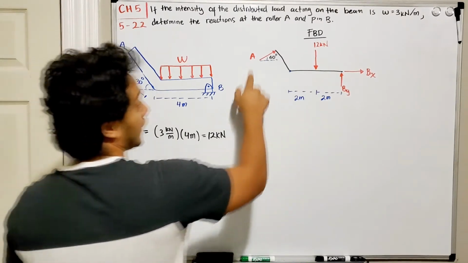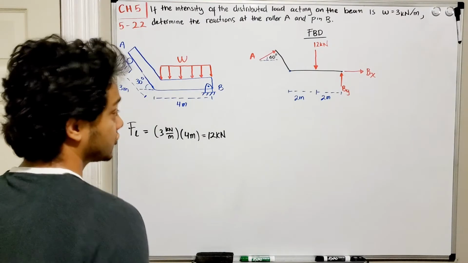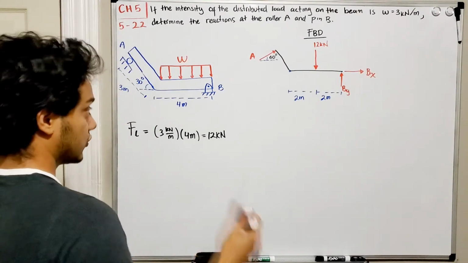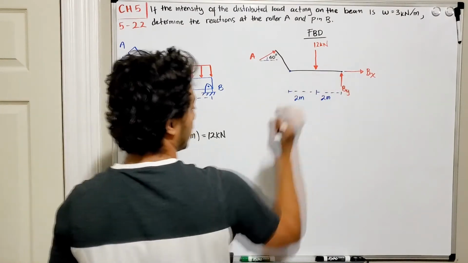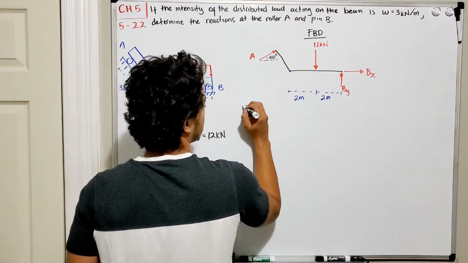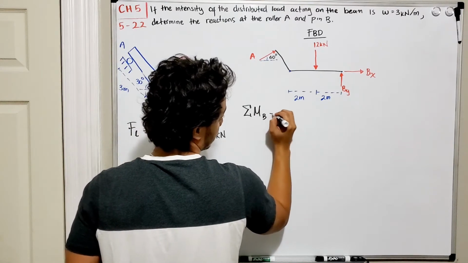Now we need to find A, Bx, and By. So I'm going to start by doing the summation of moments at point B. If I do the summation of moments at point B, what do I have?